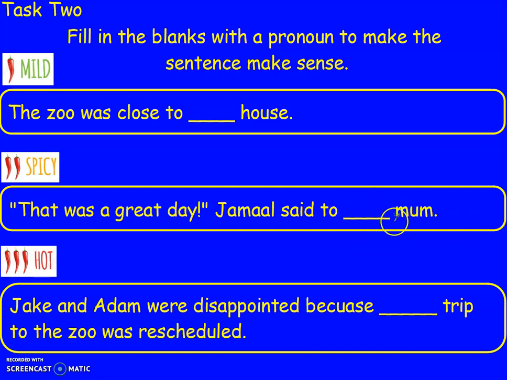What pronoun could you put here? Hot says, Jake and Adam were disappointed because blank trip to the zoo was rescheduled. What pronoun could you put here? So pause the video. In your book, I want you to write task 2, mild, spicy or hot, and write out the sentence including a pronoun.